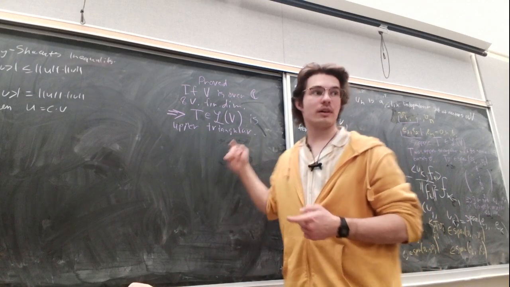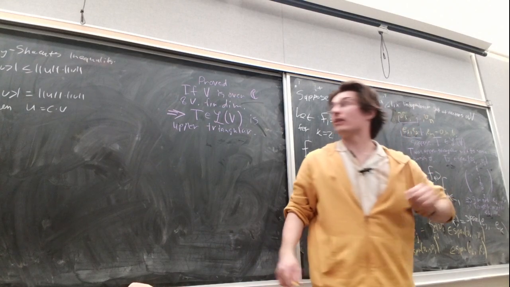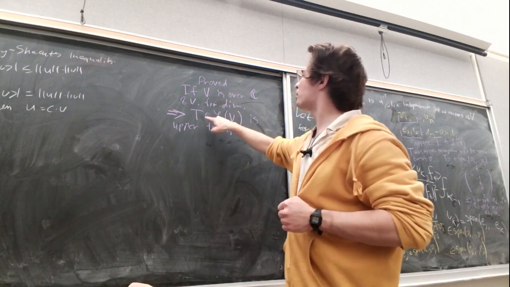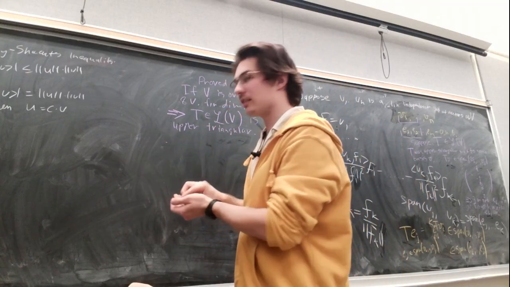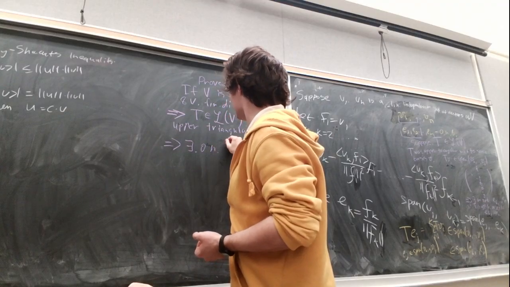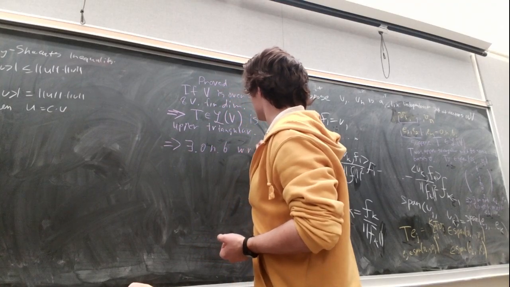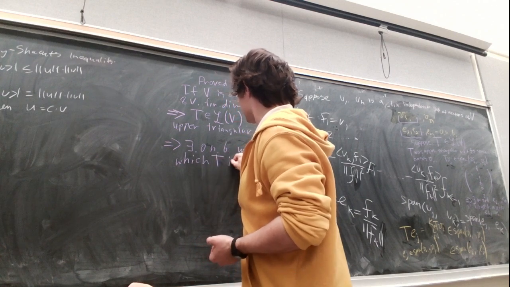But now, combine this result with this result. We now have that for any operator T over a complex finite dimensional vector space, there exists an orthonormal basis with respect to which T is upper triangular.